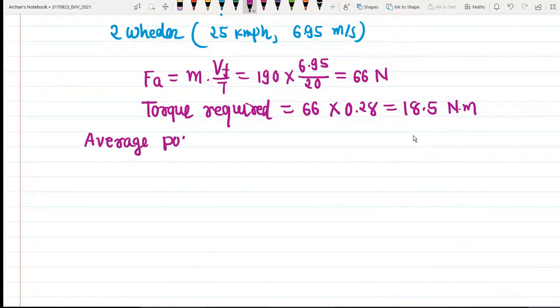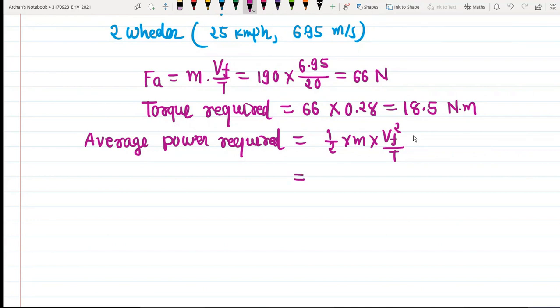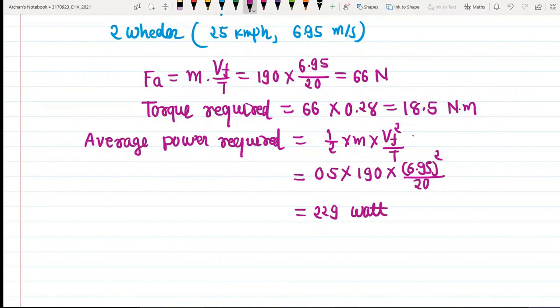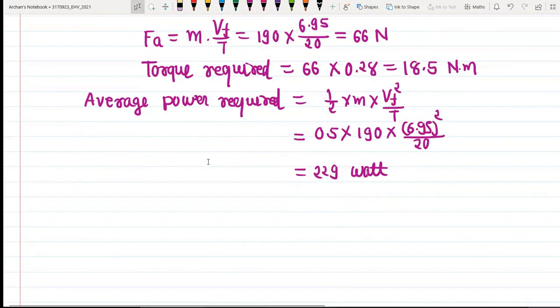The average power required is equal to half m Vf square by T, that is 0.5, weight is 190, Vf is 6.95 whole square divided by 20 seconds, and that is around 229 watt. Okay, this is the average power required.